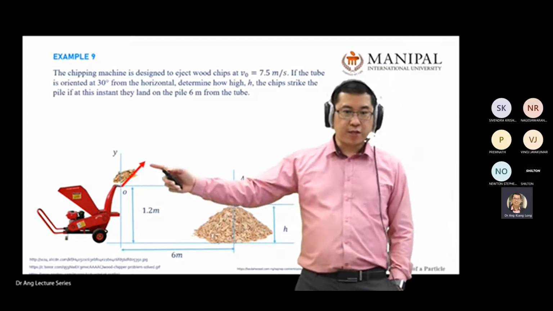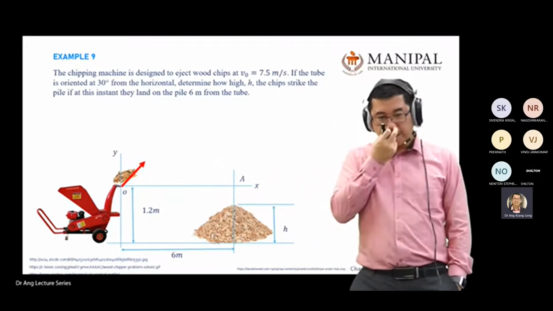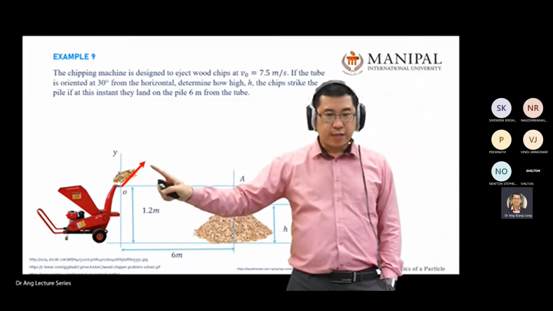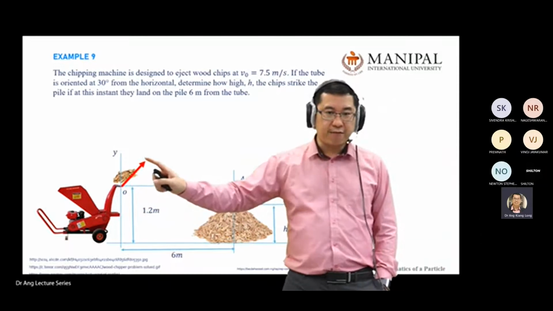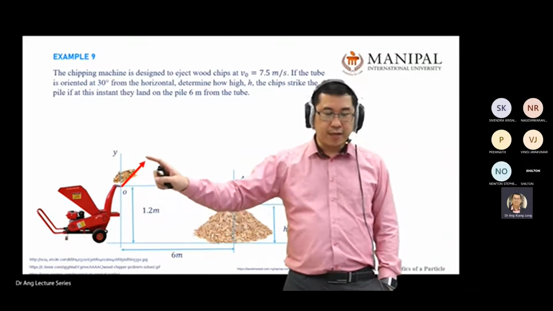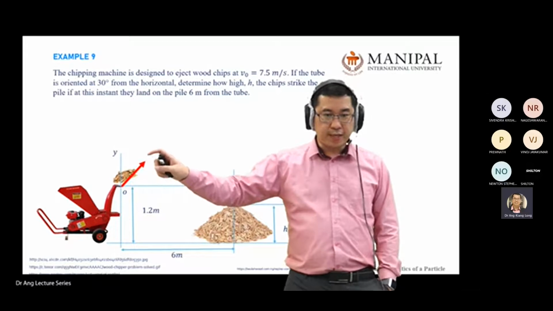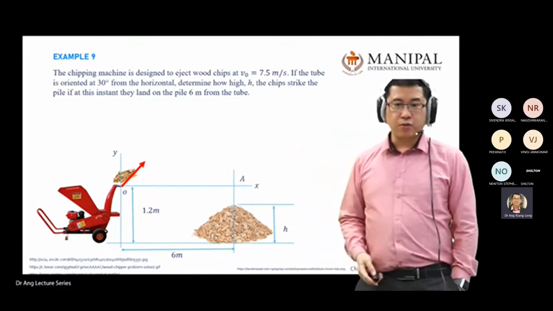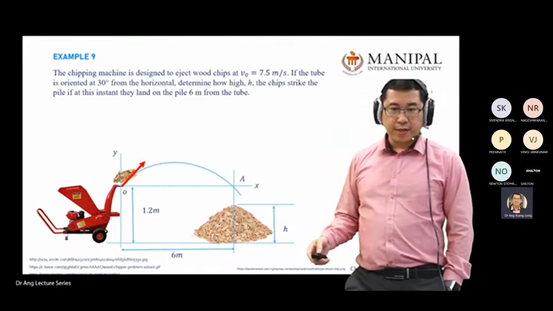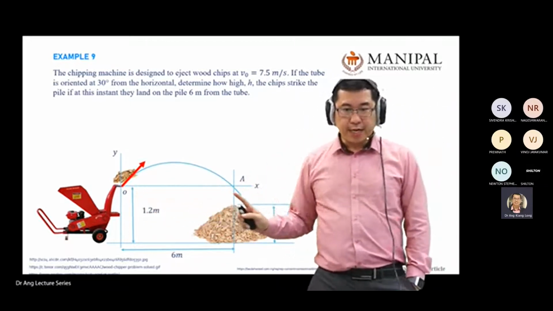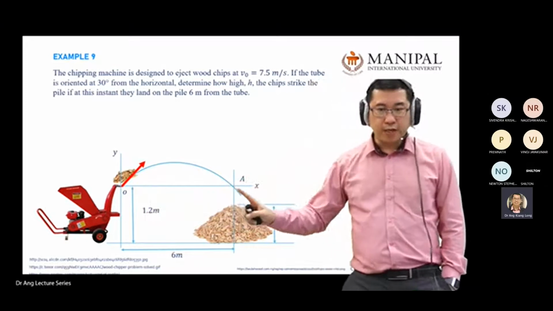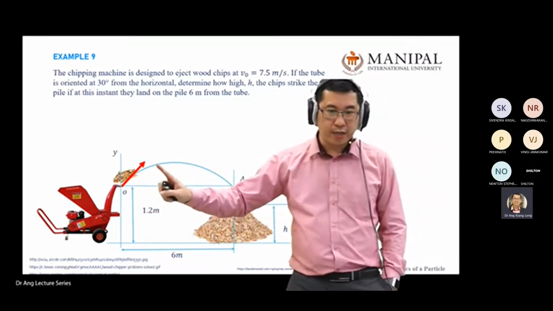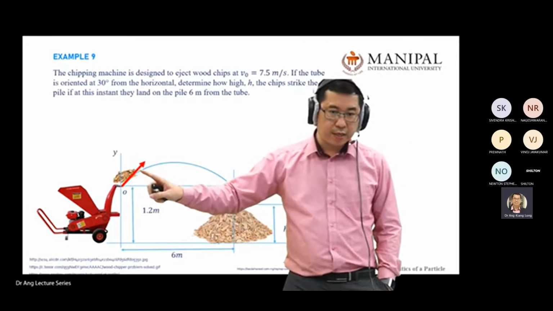And I draw the velocity shooting up, your original velocity with the angle. Usually I use green color for velocity, but red color for acceleration. But in this example, I use red color for velocity. And there will be one path for the chips to fly, at 30 degree over here.